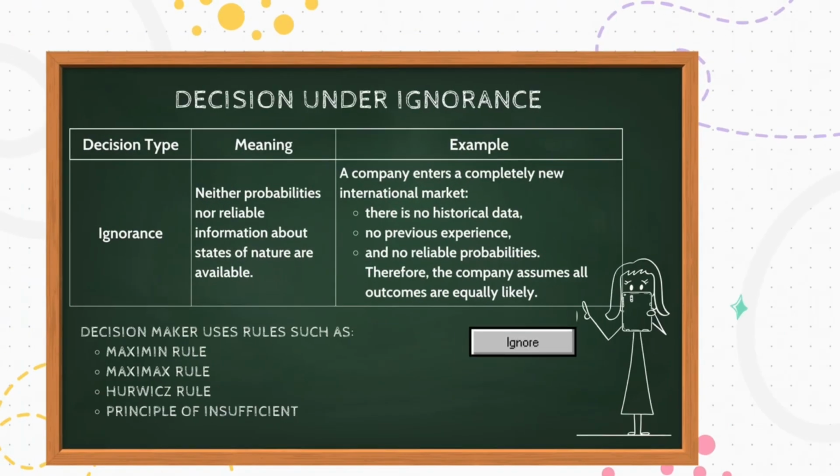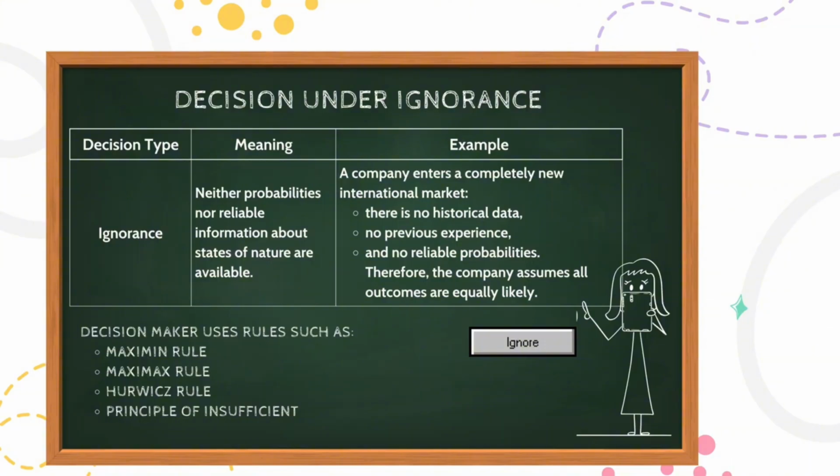The last type is decision under ignorance. Decision under ignorance happens when neither probability nor reliable information about future outcomes is available. This is the most difficult type of decision making because information is very limited. An example from the slide is when a company enters a completely new international market. There is no historical data, no reliable probability, and no previous experience.